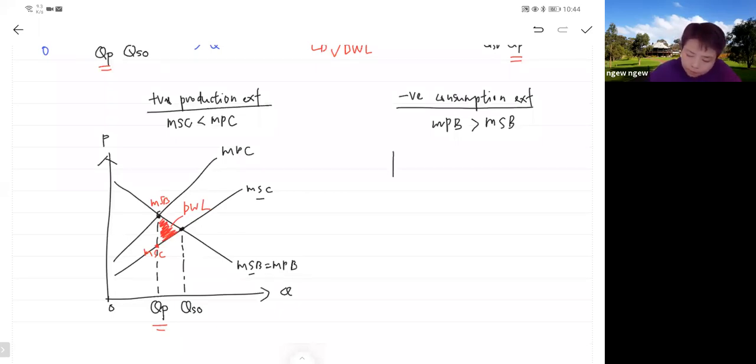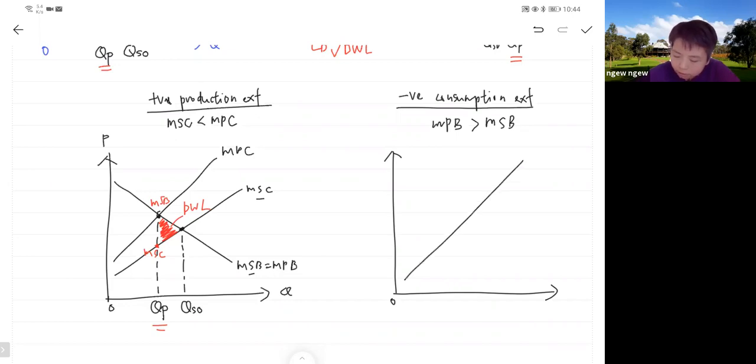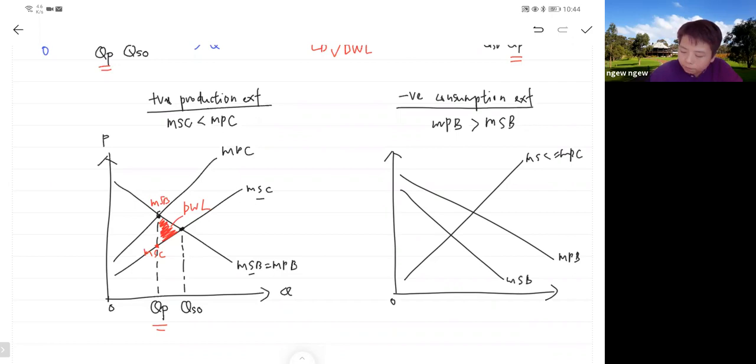Now, let's look at the diagram. Assuming the cost side is constant, MSC equals MPC. Change the position. This is marginal private benefit, which is greater than marginal social benefit.